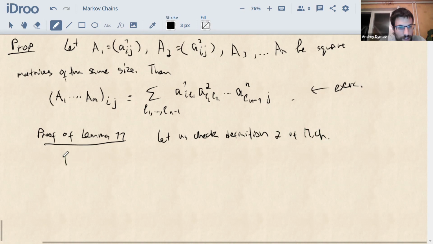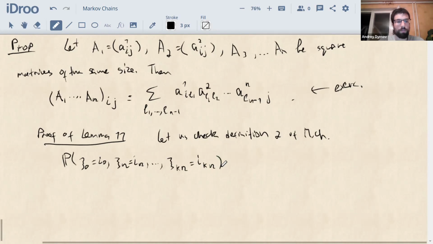I recall that this definition was about the following probability: the probability that psi0 equals some i0, then the next element of my sequence psi n equals i_n, and so on, and then psi k times n equals i_{kn}.